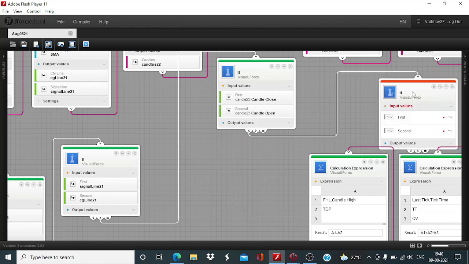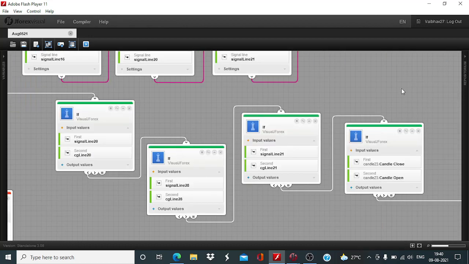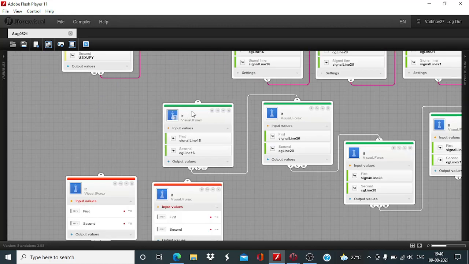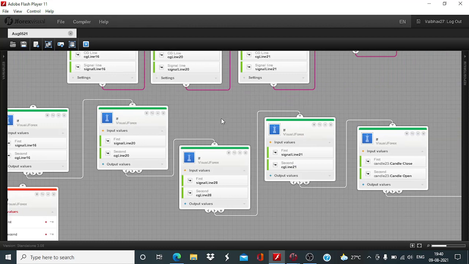First input less than second input. So let me check how many blocks we have already utilized, and that is 5.